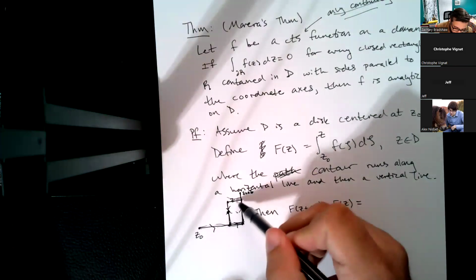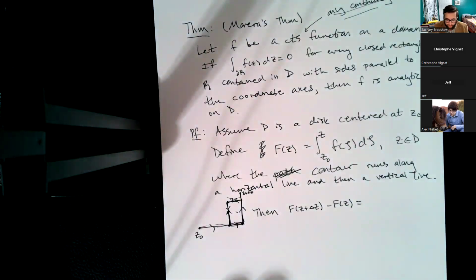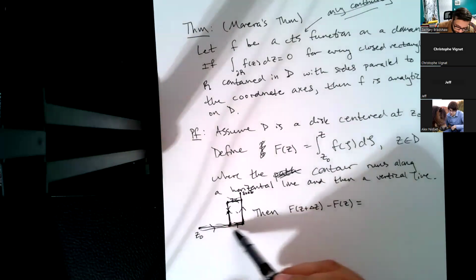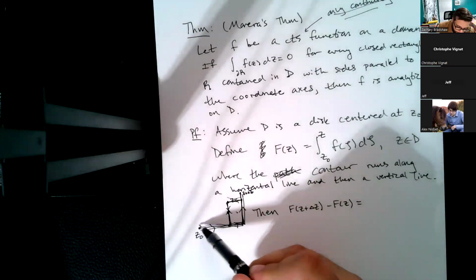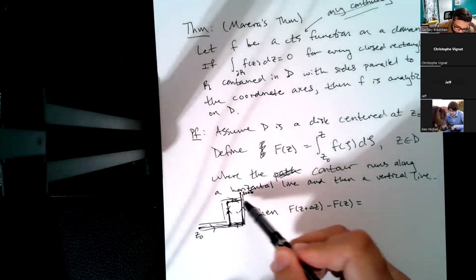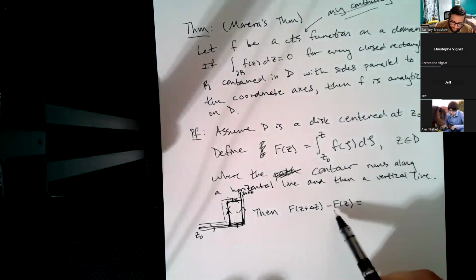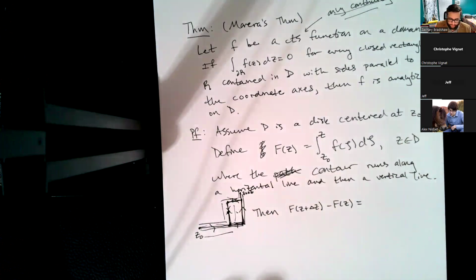This should have been this contour. Okay, that means that the integral from here to here is equivalent to the integral from here to there, to there, to there. But we're subtracting away the integral from here to here.